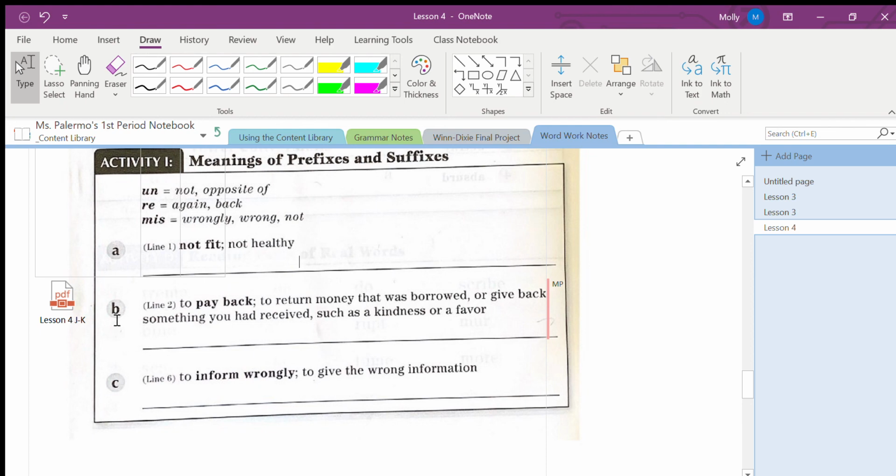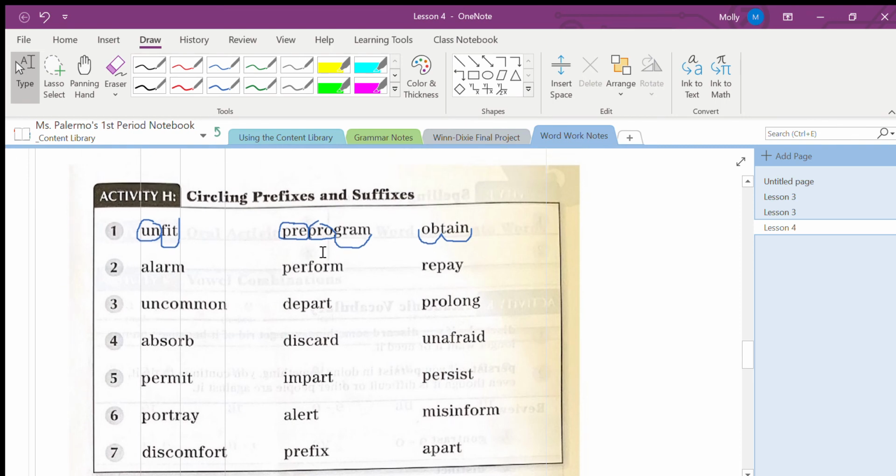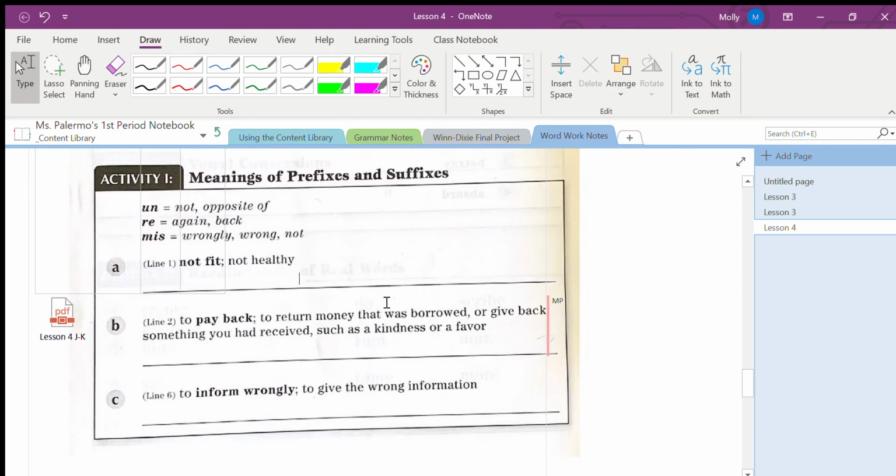Line B, read the explanation with me. To pay back, to return money that was borrowed, or give back something you had received, such as a kindness or a favor. So this is line 2. Go to line 2 in Activity H and figure out which of those words means to pay back. And finally, line C. Read the explanation with me.